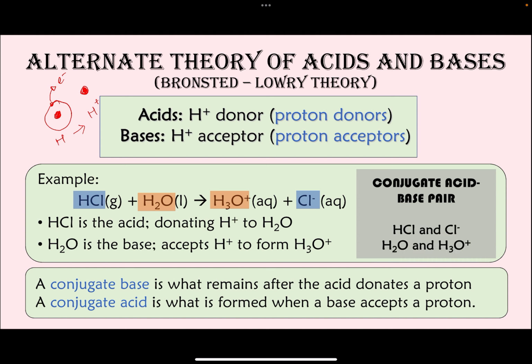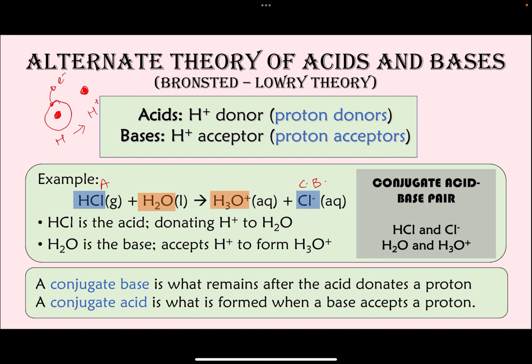That's because a conjugate base is whatever the acid converts into after it donates the proton, and a conjugate acid refers to whatever the base converts into after it accepts a proton. Because HCl is converting into Cl minus, Cl minus is the conjugate base. So this is your acid, and this is the conjugate base. The HCl and Cl minus, that is one conjugate acid-base pair.